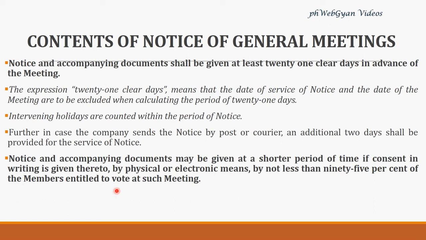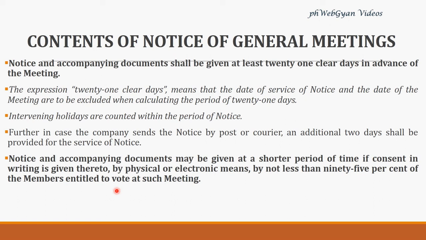So if the company has called a meeting at shorter notice, then the consent of only the members who are present would not be sufficient. Why? Because 95% of the total members entitled to vote is needed, and not only those who are entitled to vote and are present. Clear? The company will ask for this consent along with the notice itself.